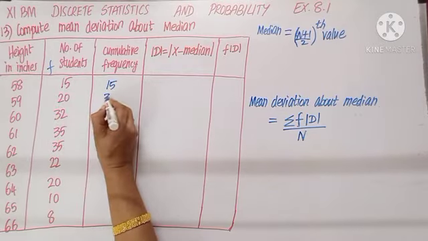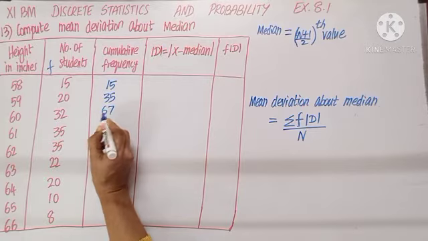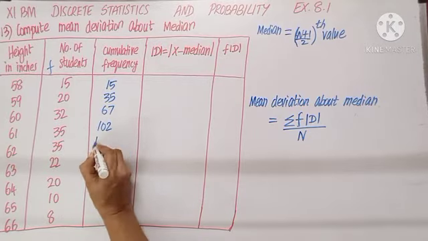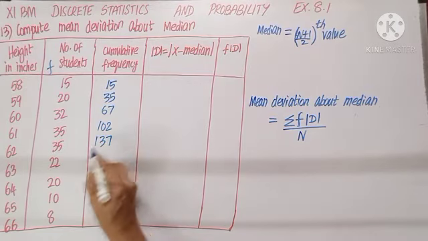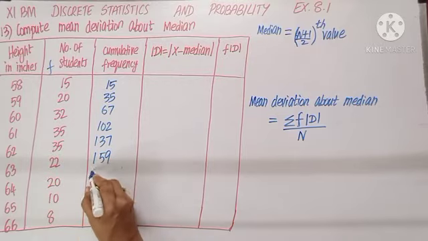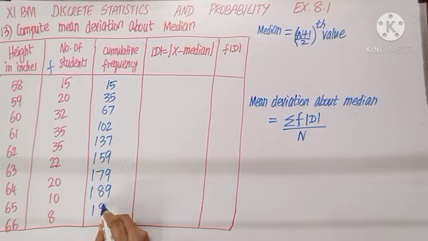15 plus 20, 35. 35 plus 32, 67. 67 plus 35, 102. 102 plus 35, 137. 137 plus 22, 159. 159 plus 20, 179. 179 plus 10, 189. 189 plus 8. So the total frequency we get is 197.